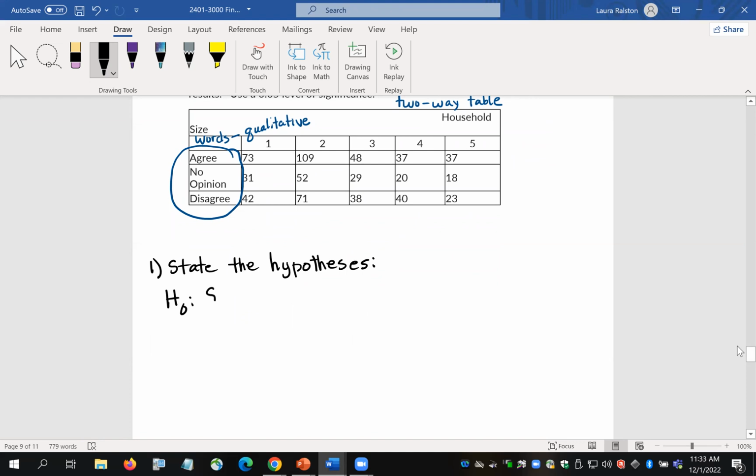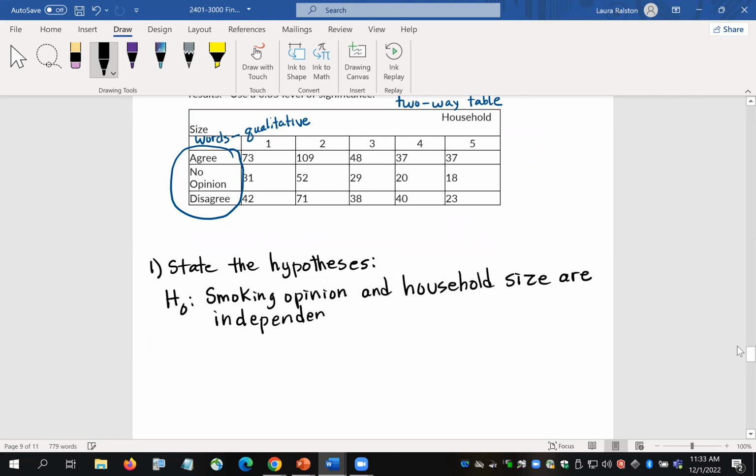So in this case, we would say smoking opinion and household size are independent. Okay, and again, that implies in this context that they're equal.